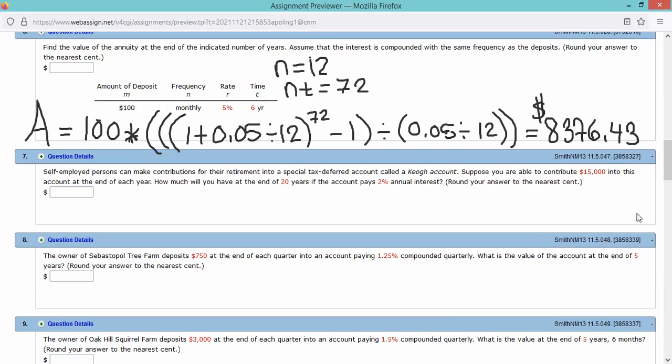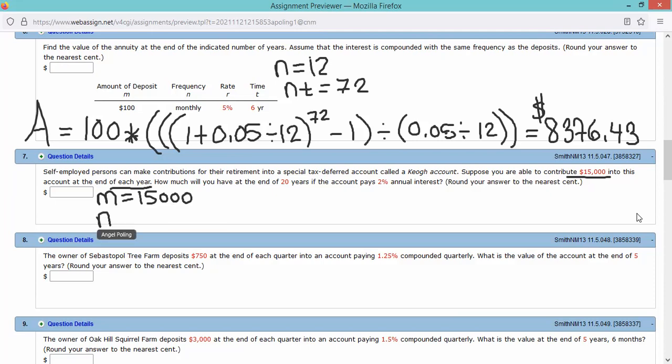Okay, self-employed persons can make contributions for their retirement into a special tax deferred account called a Keogh account. Suppose you are able to contribute 15,000 into this account at the end of each year. How much will you have at the end of 20 years if the account pays 2% interest annually? So the deposit is 15,000 each year.